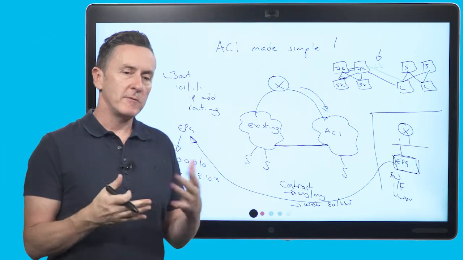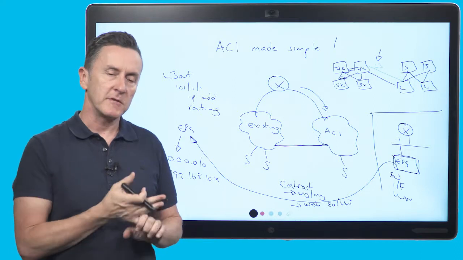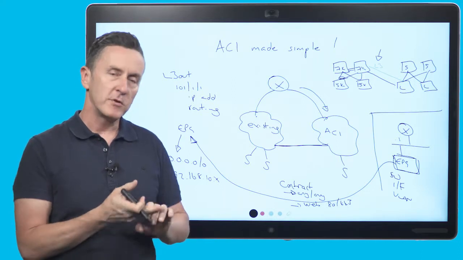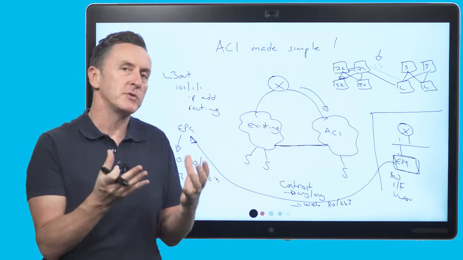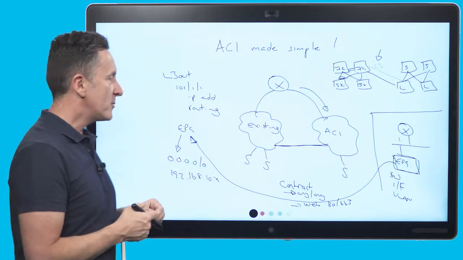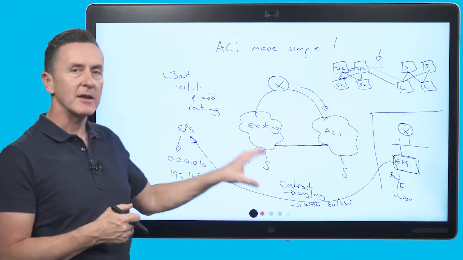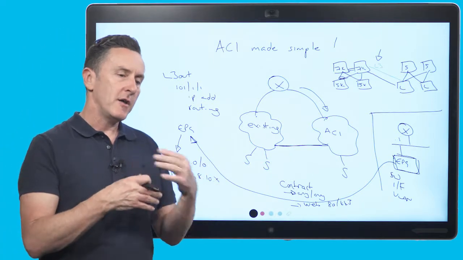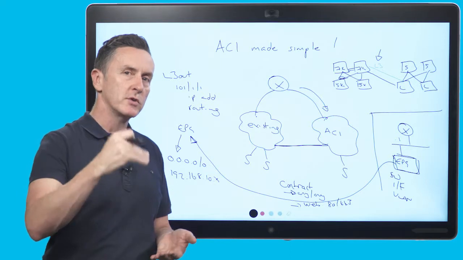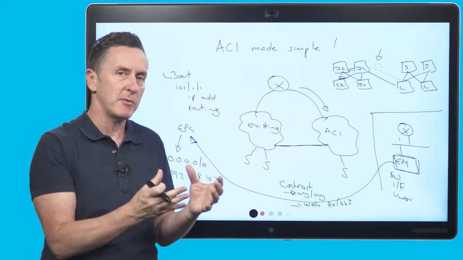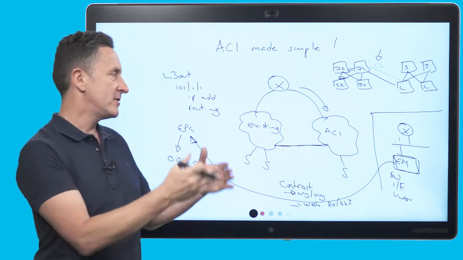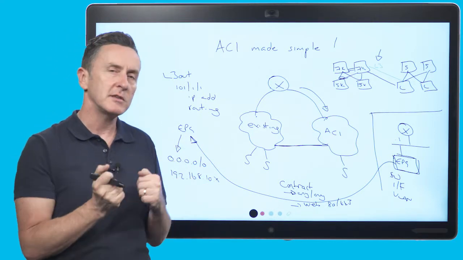So I guess in summary, what we've looked at in this series of videos, we've looked at the physical topology, we've looked at tenants and contracts and EPGs and bridge domains, so all of the building blocks of ACI, and we've looked at external connectivity, both layer 2 and layer 3. And hopefully through this you can see it's very simple to walk a customer through this by taking networking constructs they're used to and happy with today and layering those onto ACI and thinking, what does this mean to them?